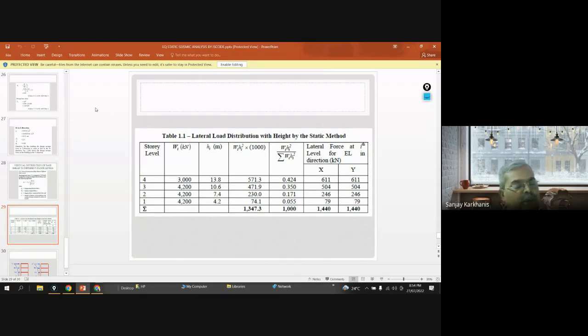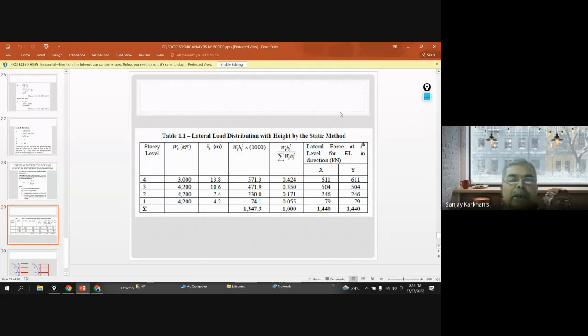Now there are some shortcomings of this, but we'll talk about that in the next session, because in that session we'll first find out the limitations of this method, and then how we can overcome them, and what additional analysis we should carry out, and that is dynamic analysis with the help of response spectrum or modal superposition.